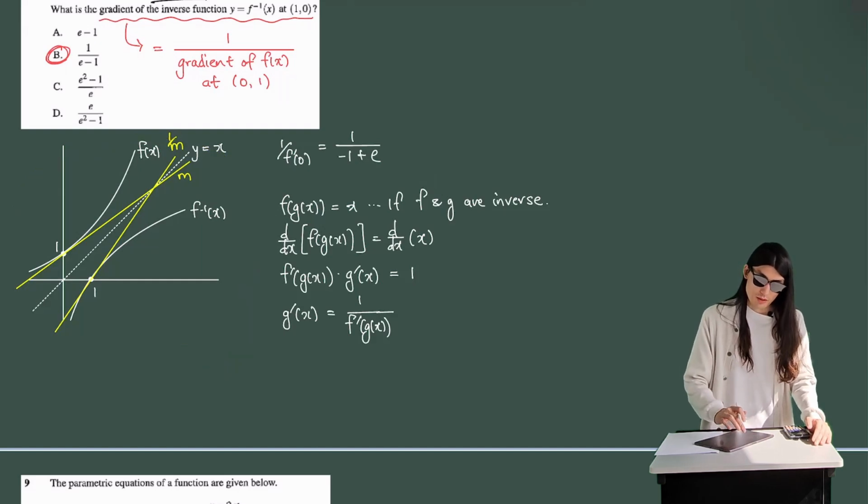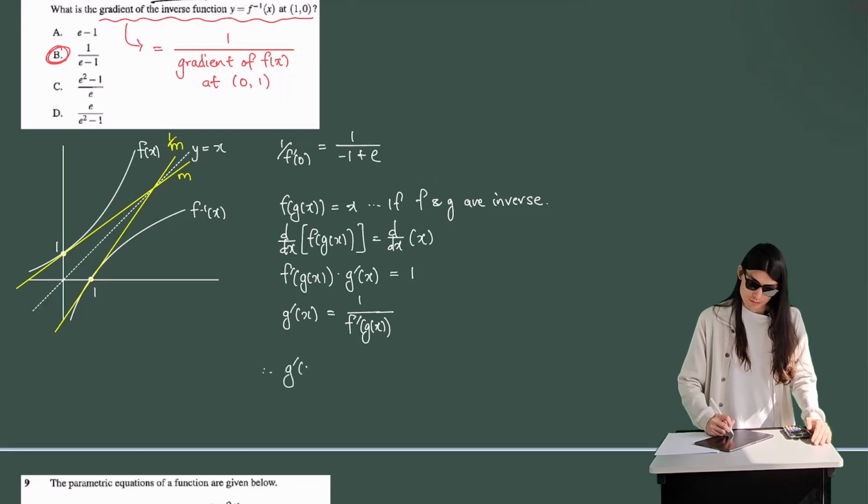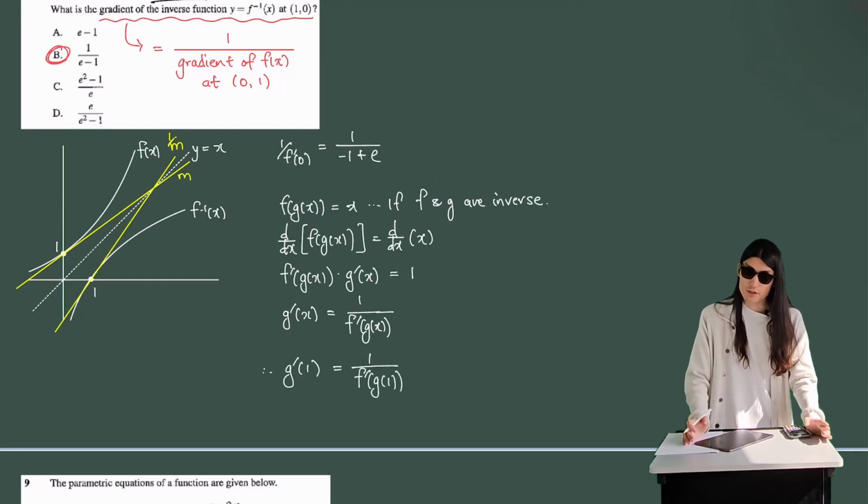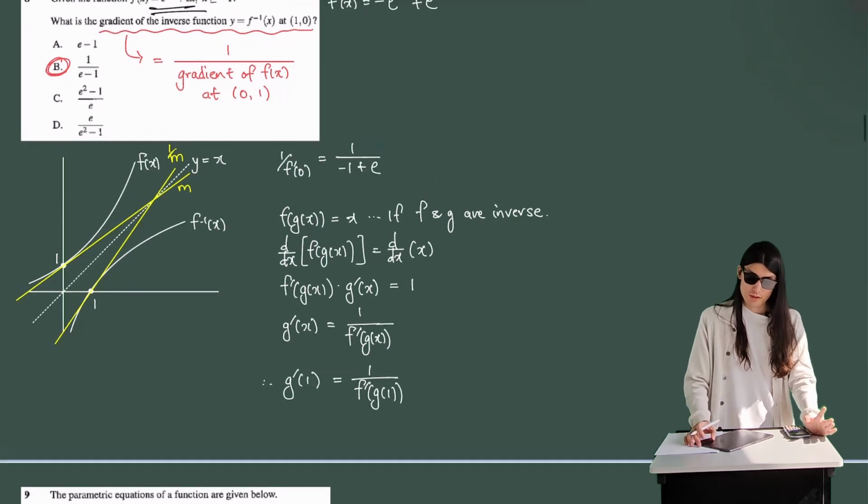Why? Because therefore, things like g dash 1 is 1 over f dash g of 1, okay?